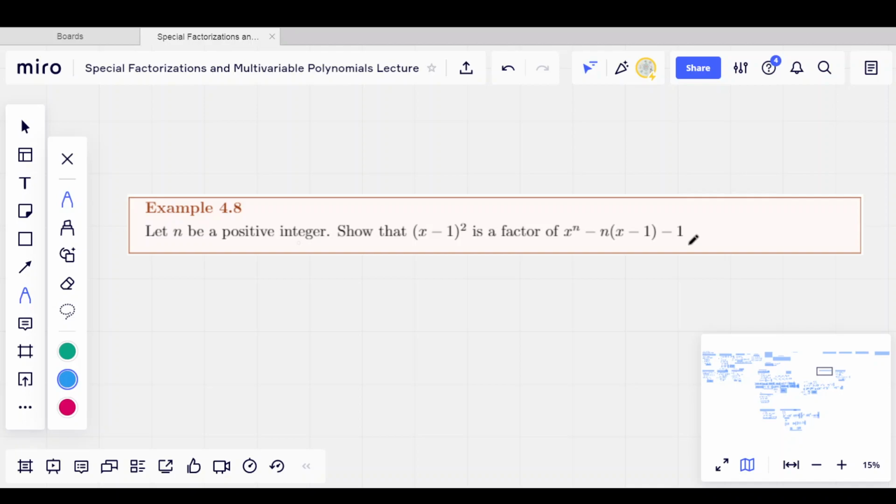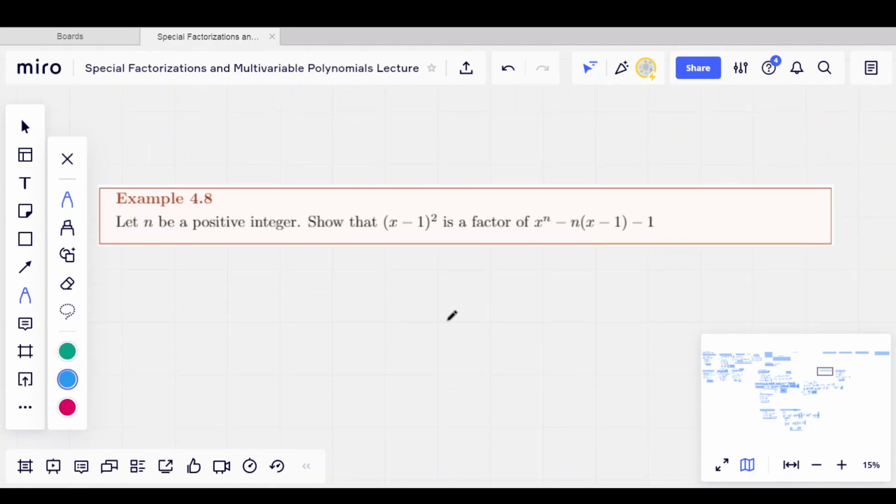So think about that for a second. Okay, so it's very trivial.